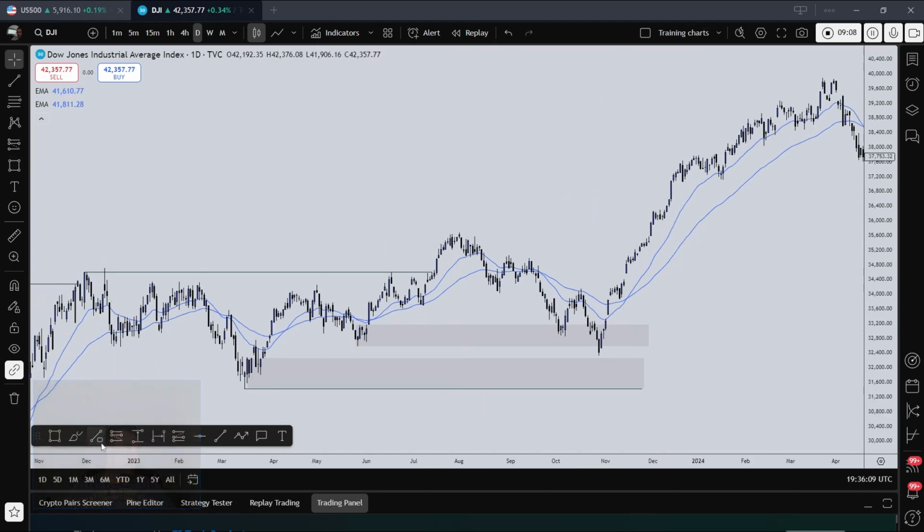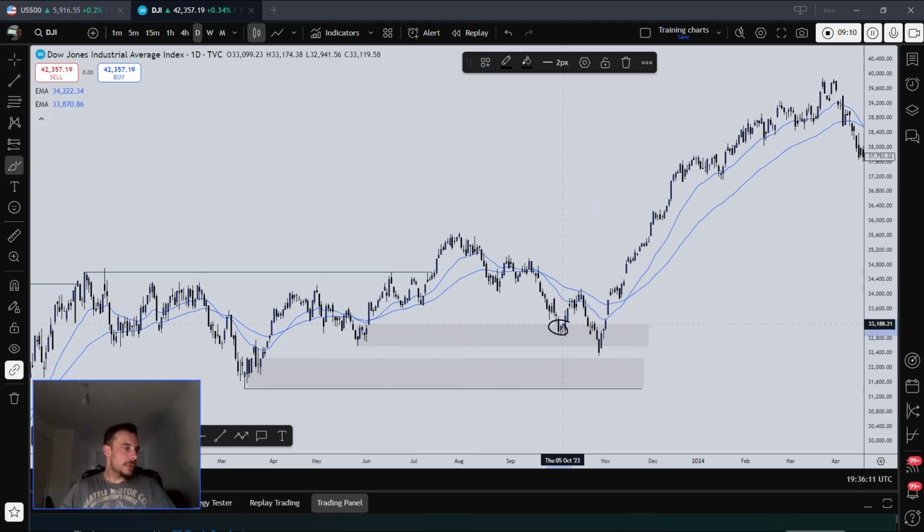On this occasion, it reacted there, but it was a false signal and came out lower. Basically, what we can assume, which is more pushing into smart money concepts, is that it swept liquidity and reacted to the upside, creating a new high.